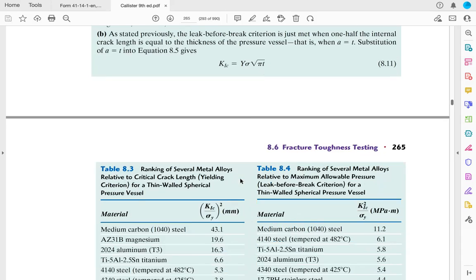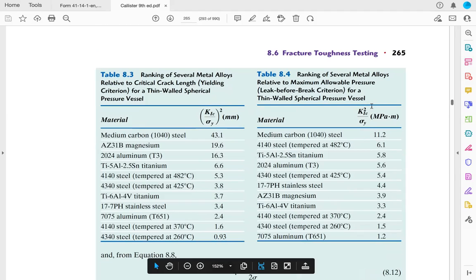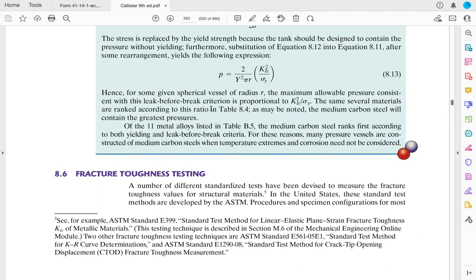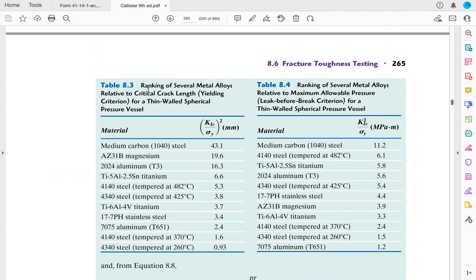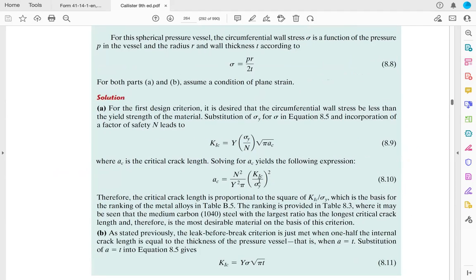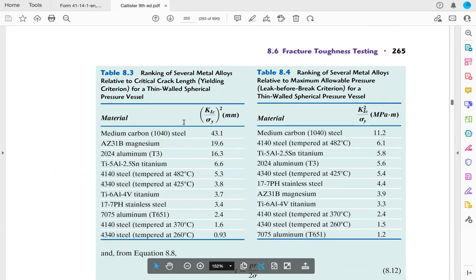So let's look at the table here. I think it should be B3, yeah, this one: critical length, the square of KIC divided by Y. You can see here the ranking of the metal alloys with their values.